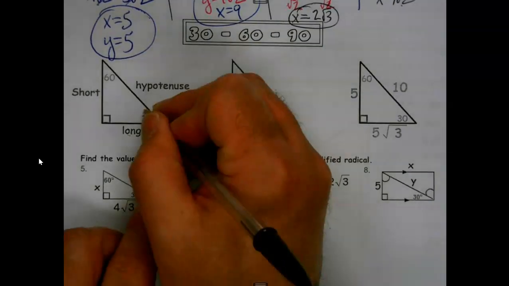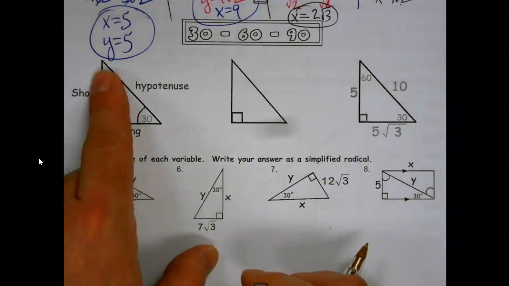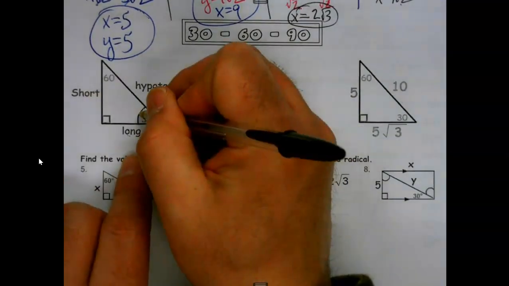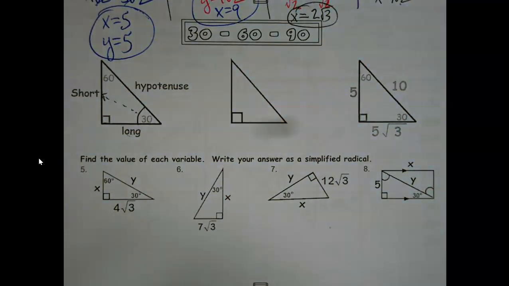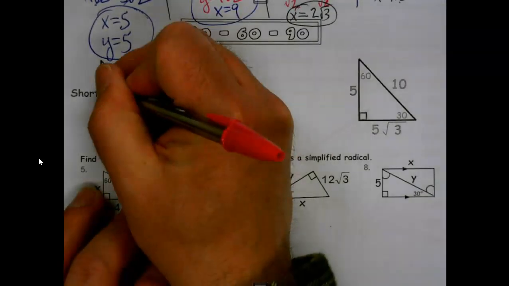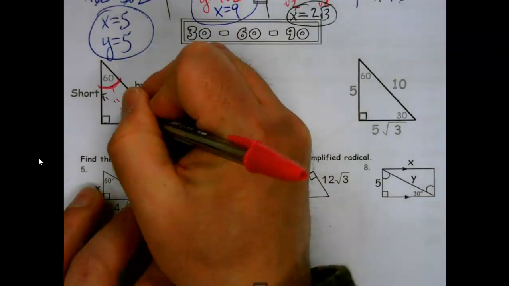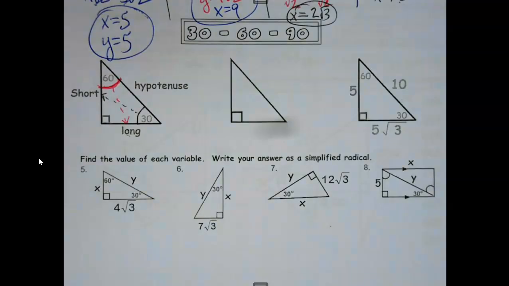Here's what I mean. 30 is less than 60, so the side opposite of 30 is going to be shorter in value than the larger angle over here, that goes to my long side. It's strictly based on the angle measure. The bigger the angle, the longer the side is going to be.